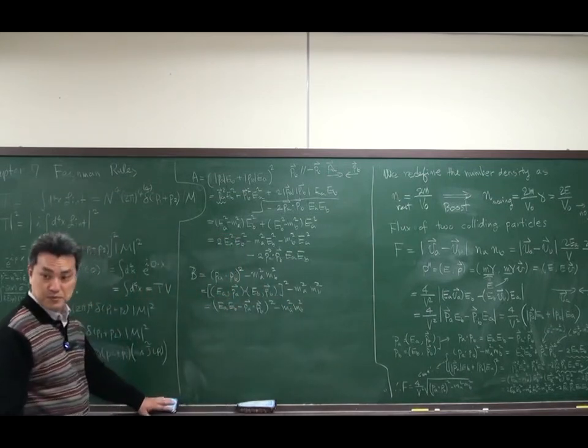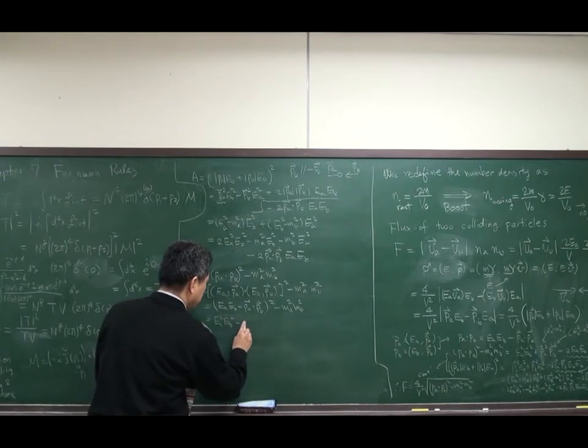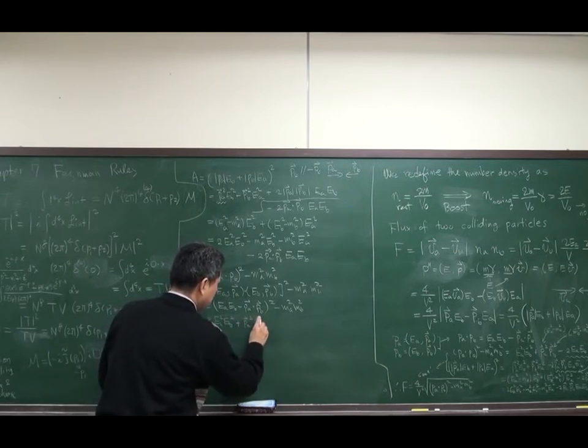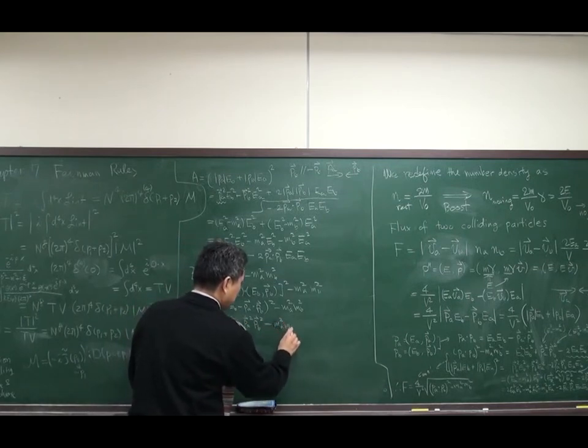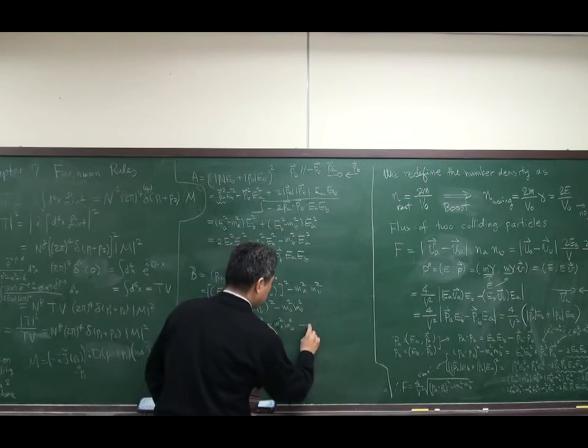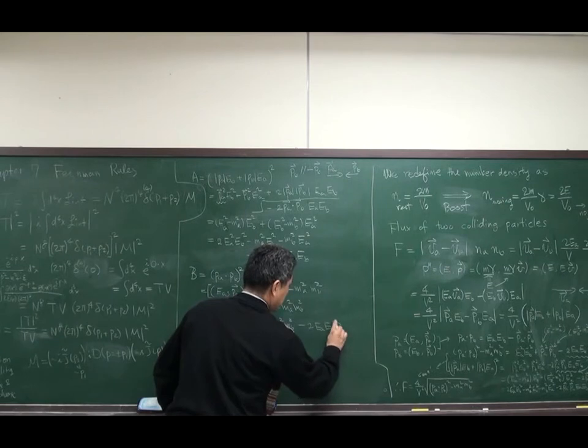Okay? If you square this, EA squared EB squared plus PA squared PB squared, and then minus MA squared MB squared, and the crossing term is minus 2 EA EB PA dot PB.